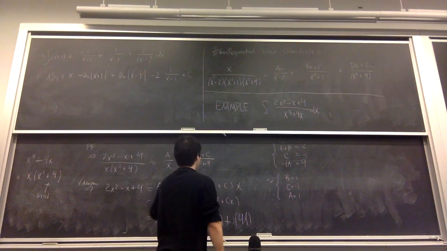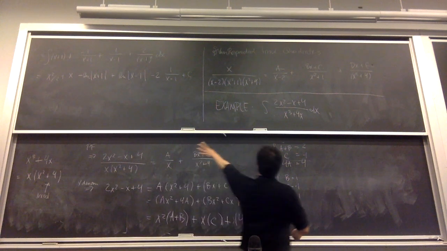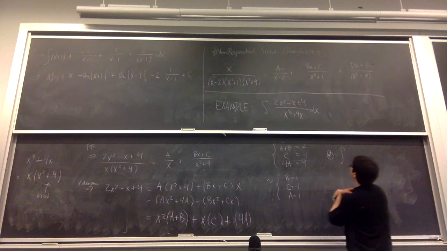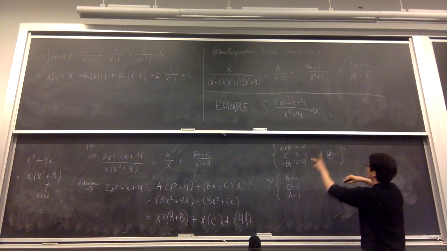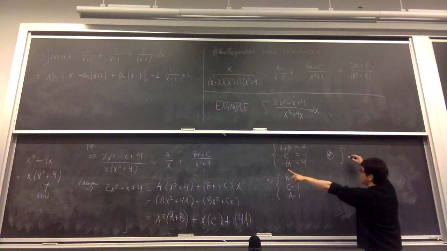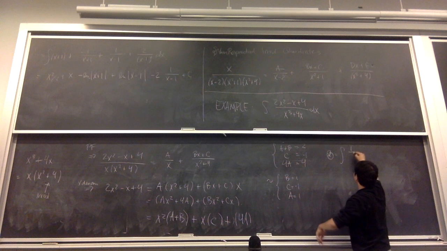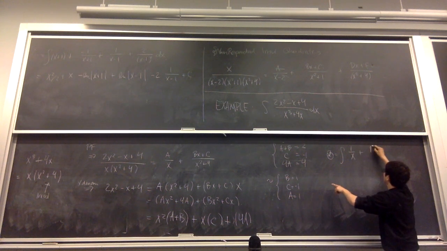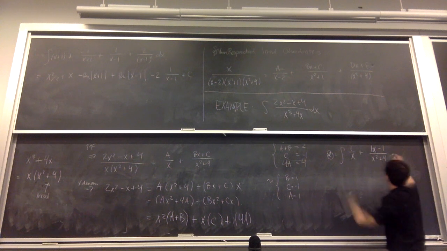Okay, so that means we can rewrite what? Our original integral is equal to 1 over x plus bx plus c, so x minus 1, over x squared plus 4 dx.